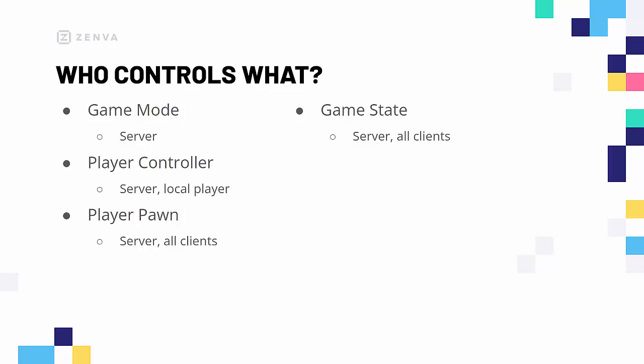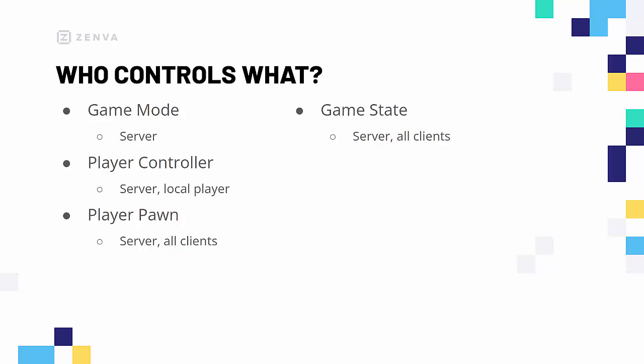Now, the next one is going to be game state. If you don't know what a game state is, that is because it's kind of a more obscure feature inside of Unreal that's really only used in multiplayer games. And the reason why is because the game state sort of acts as a game mode, but for everyone to see, okay? The game state is what you would use to keep track of the overall game progress, the overall score.